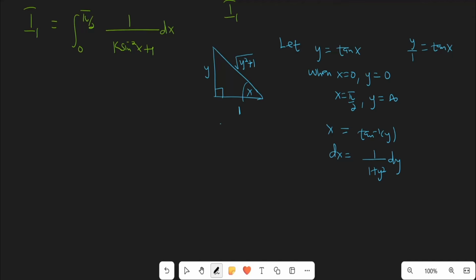And now we can find sine of x from here. So sine of x is equal to opposite, which is y, over hypotenuse, the square root of y squared plus 1. So if we want sine square of x, we can just square both sides. And that is going to be y squared all over y squared plus 1. So this is sine square of x that I can replace in our integral.